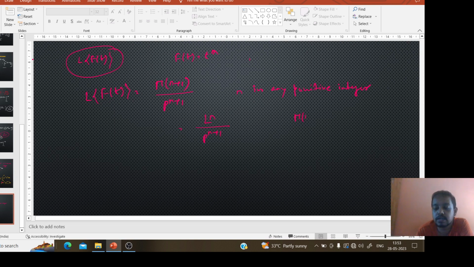That means we know that when n is any positive integer, gamma n plus 1 is equal to n factorial, and if n is greater than 0, then we write that the Laplace transform of f of t, where f of t is equal to t to the power n, will be gamma n plus 1 by p to the power n plus 1.